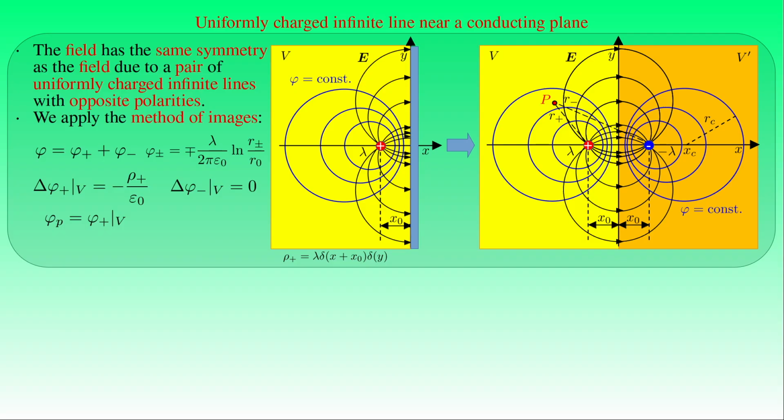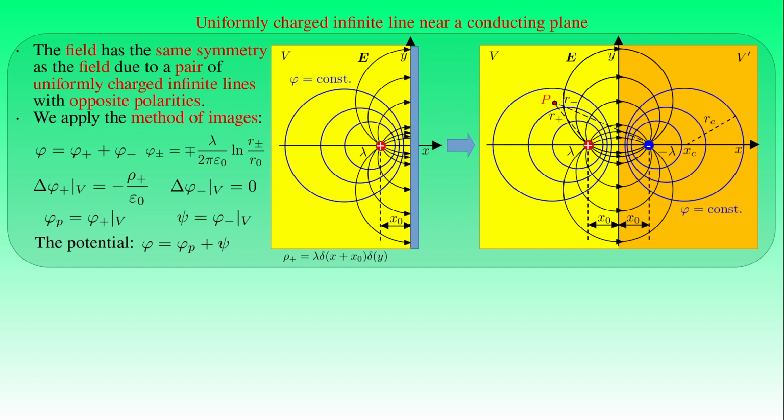The potential phi sub minus restricted to the volume V is identified as the function psi satisfying Laplace's equation chosen such that the sum of phi sub p and psi gives the solution phi to the original problem. In other words, if the potential phi sub plus due to the uniformly charged infinite line and the potential phi sub minus due to the image line charge in the complementary volume are restricted to the volume V, then their sum is equal to the potential phi due to the uniformly charged infinite line at a given distance from a conducting plane.